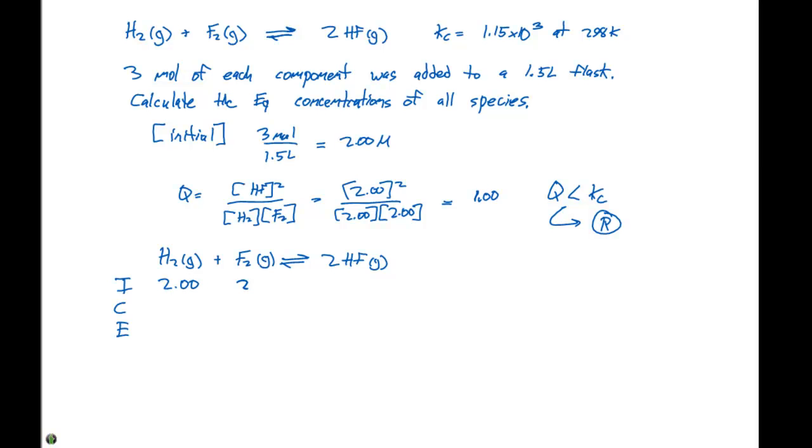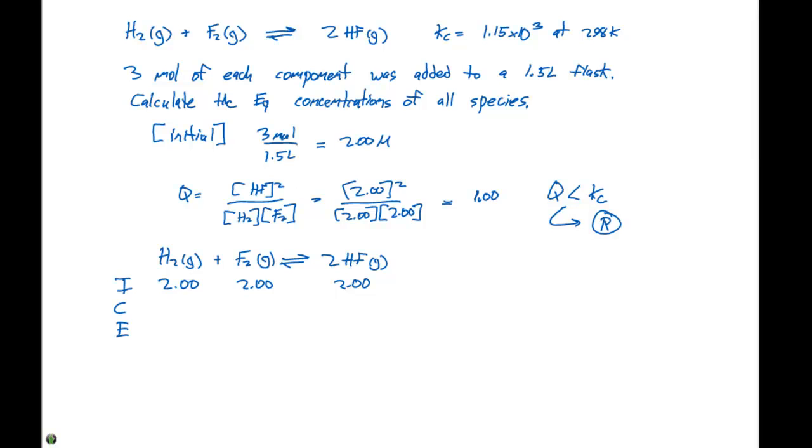We have 2.00 molar in terms of the concentrations of all species initially. This equilibrium is going to shift to the right. That means the concentration of HF is going to increase, and the concentration of H2 and F2 are going to decrease. The change in concentration is going to be dictated by the stoichiometry of the balanced chemical equation.